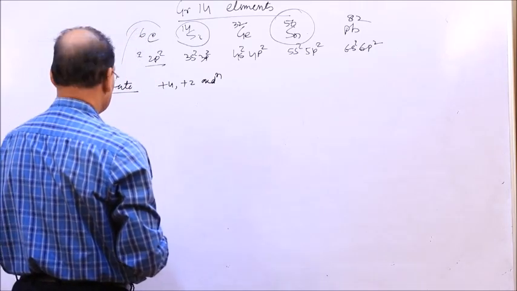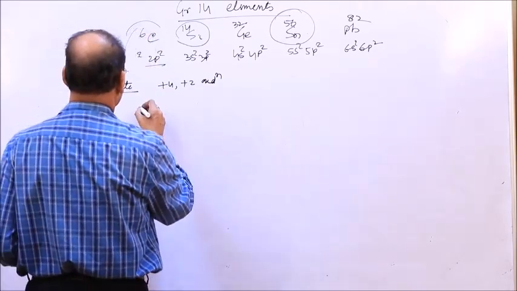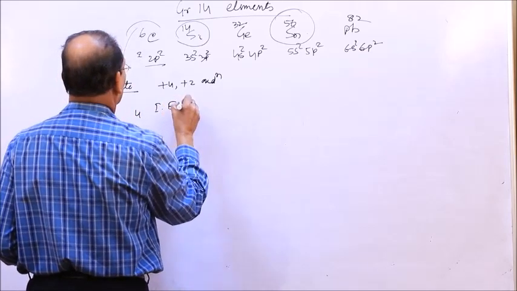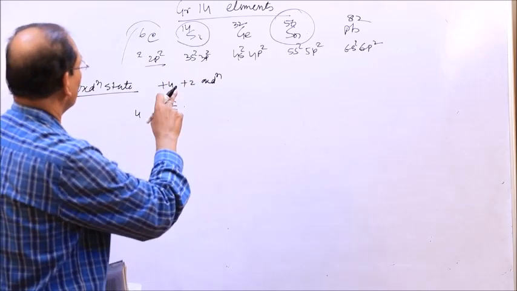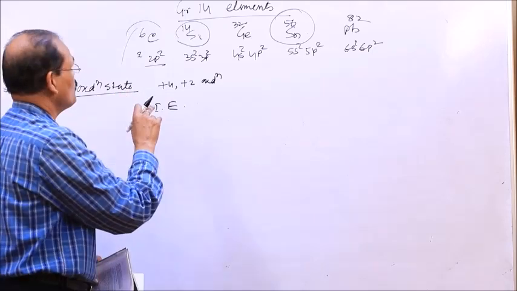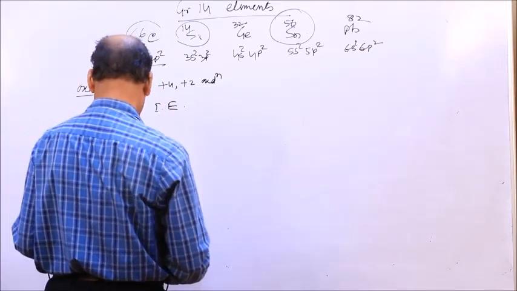So it has 4 ionization energies, which means all have 4 electrons in the outermost shell. For each electron we have one ionization potential or ionization energy.